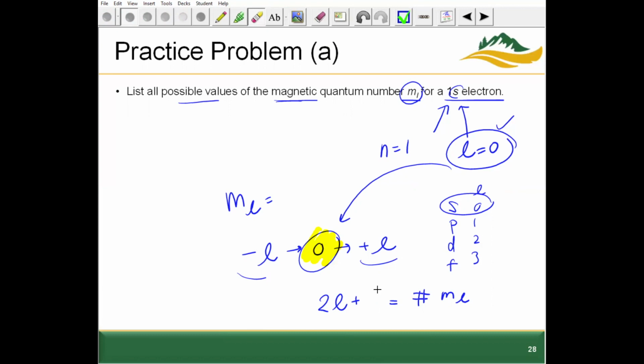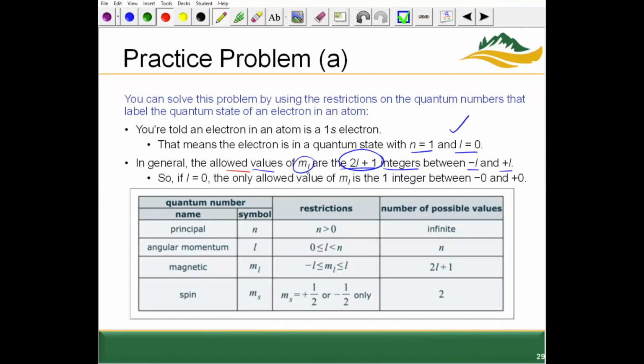If L is equal to 0, 2 times 0 is 0, plus 1, we can have one possible m sub L value. That possible m sub L value is 0. So the number of allowed m sub L values is 2L plus 1, with those integers being between -L and +L. So you can check with this 2L plus 1 and also know that the possible m sub L values are -L through 0 up through +L.